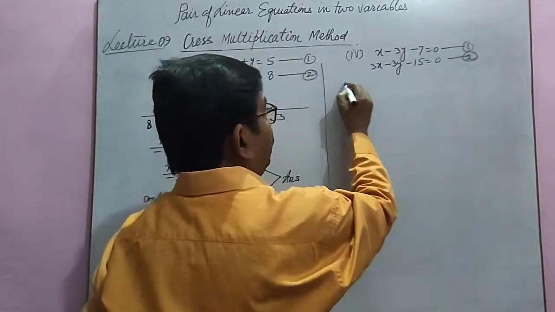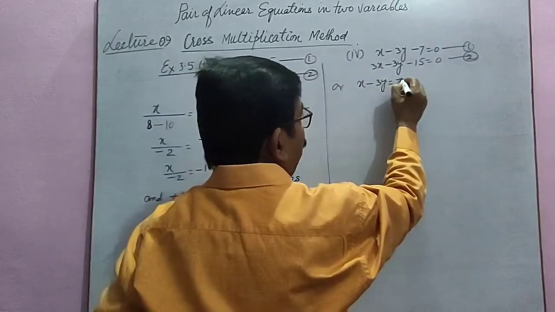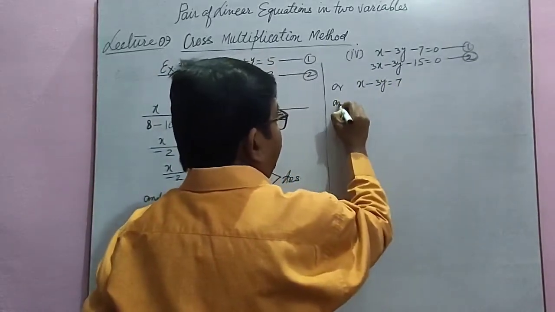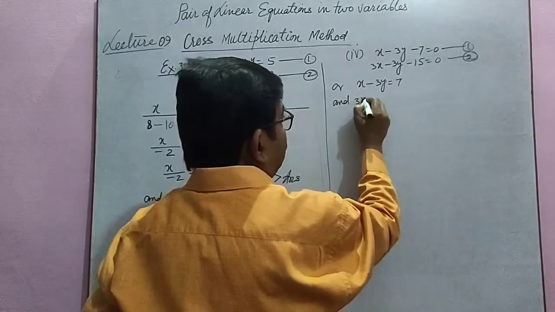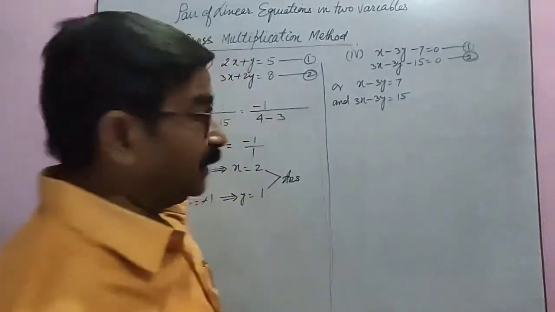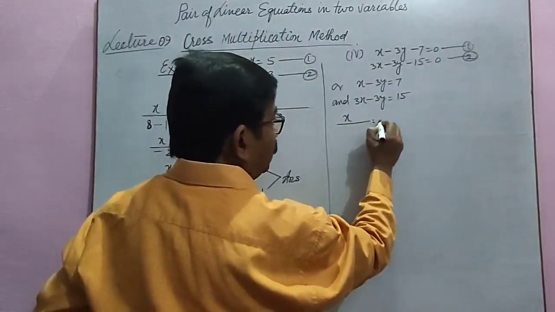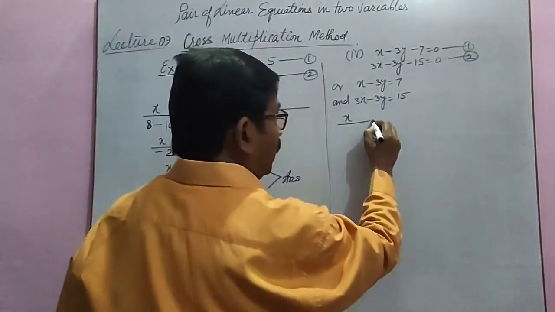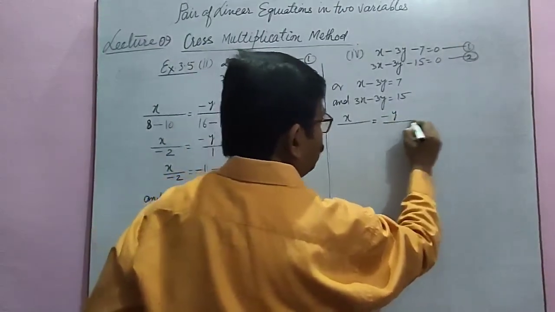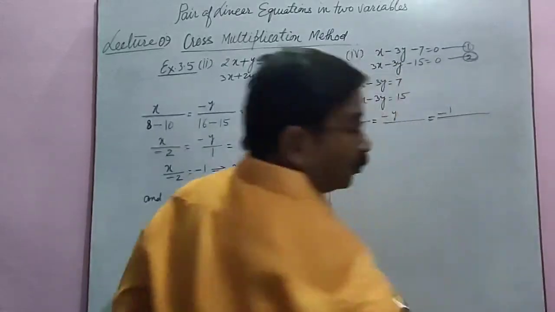So see, I am writing x minus 3y is equal to 7, and the second one 3x minus 3y is equal to 15. And the same format we have to follow, that is x upon something to write, minus y upon something to write, and again minus 1 upon something to write.